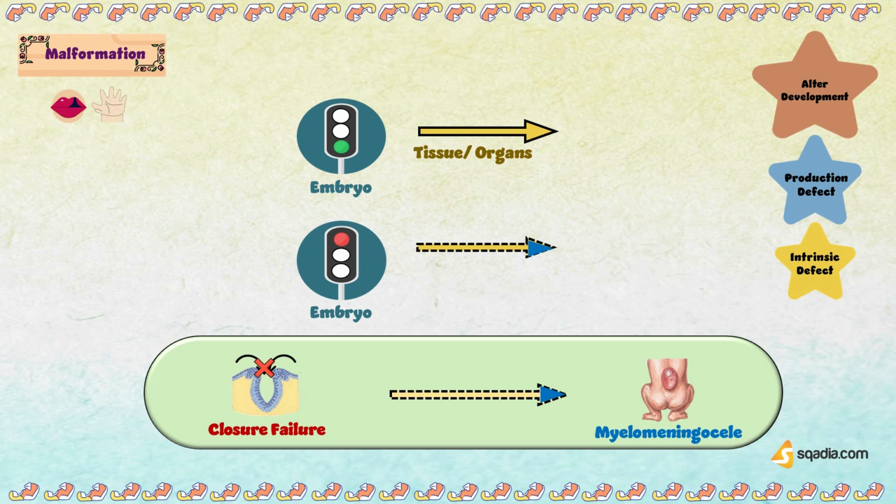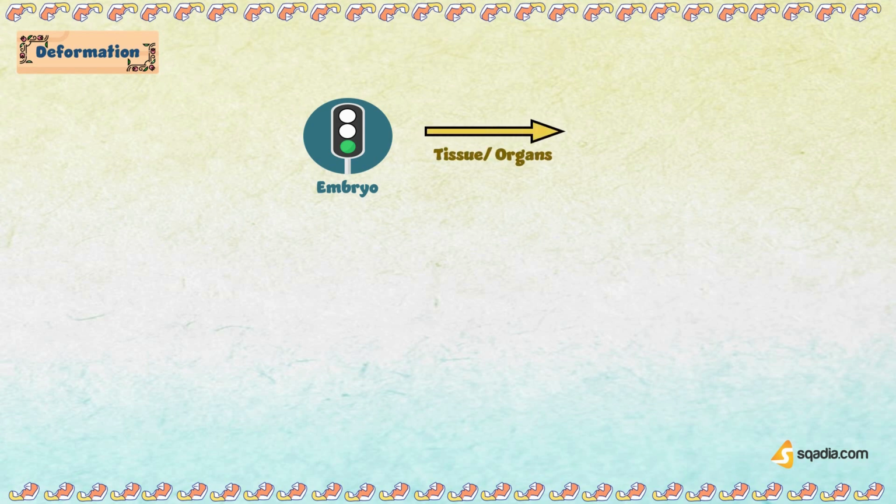Now, class, moving forward. Next single congenital abnormality is the deformation. This green traffic light represents normal healthy embryo, while the arrow is representing the development of normal organs and tissues.